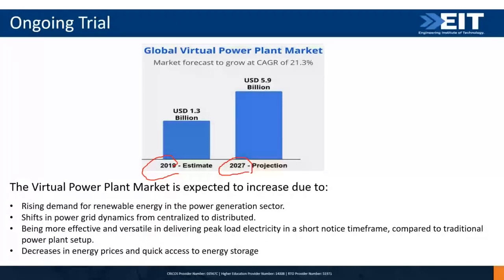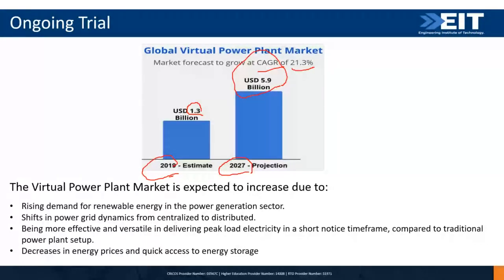It is estimated that the market size of VPP, which was about $1.3 billion in 2019, will grow to around $5.9 billion in 2027. This means the VPP market will be growing at a compound annual growth rate of 21.3% from 2020 to 2027.